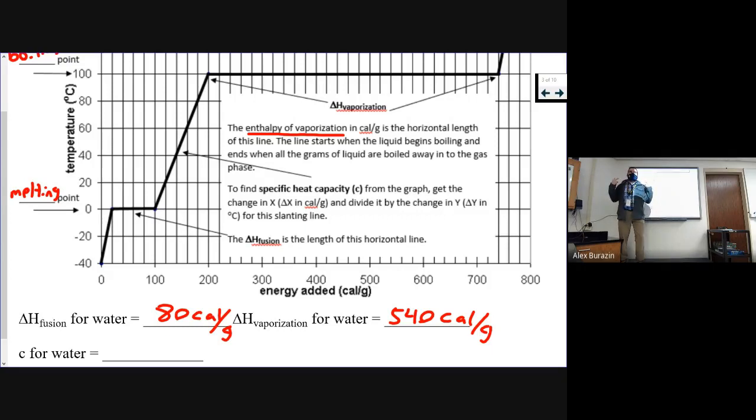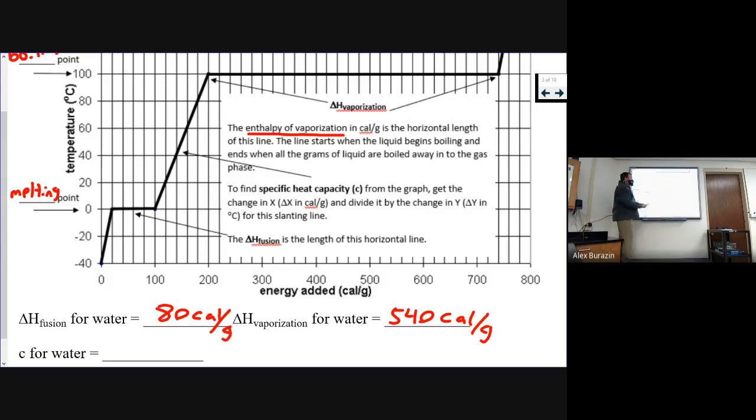That's what you're used to. How can you catch it? Keep track of the units. I want specific heat, which means I want a unit of energy divided by grams times degrees Celsius. Calories per gram degrees Celsius. I want this divided by that. I want X divided by Y.